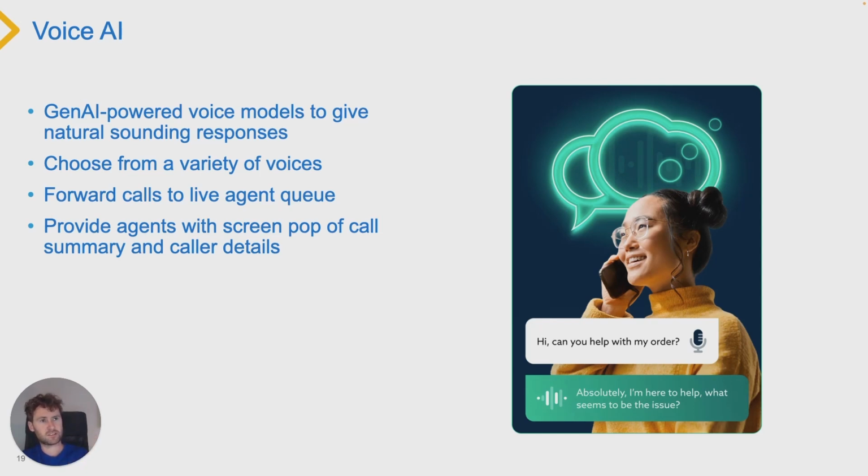So this is a massive increase in performance compared to your traditional IVR, where it's, press 1 for sales, press 2 for support. And there are a growing number of use cases here. The nice thing about these text-to-speech models is they sound very realistic, and you can even upload your own custom voice. So if you've got a particular dialect or accent that you want to reflect your brand, you can do that with today's tools.